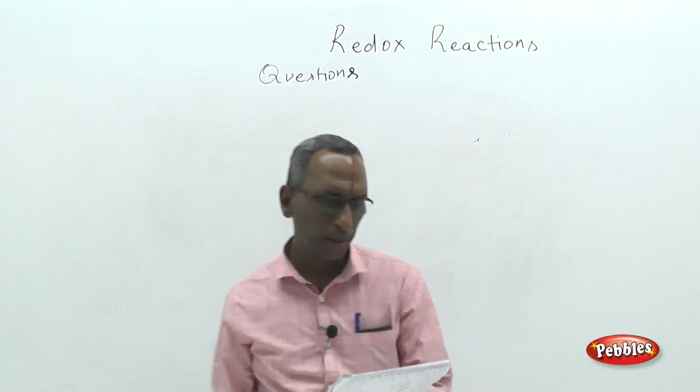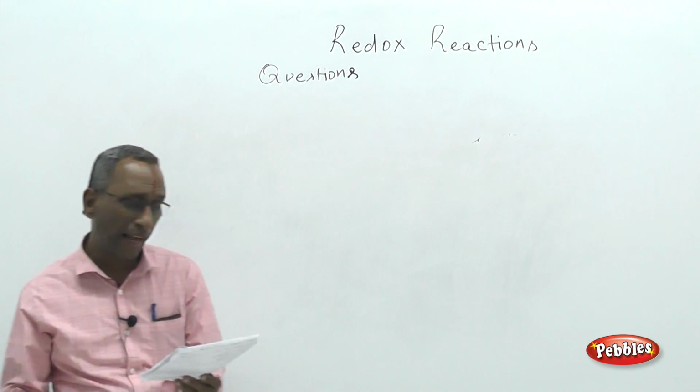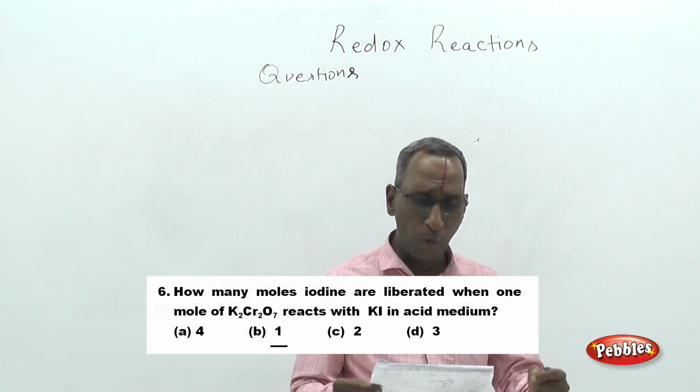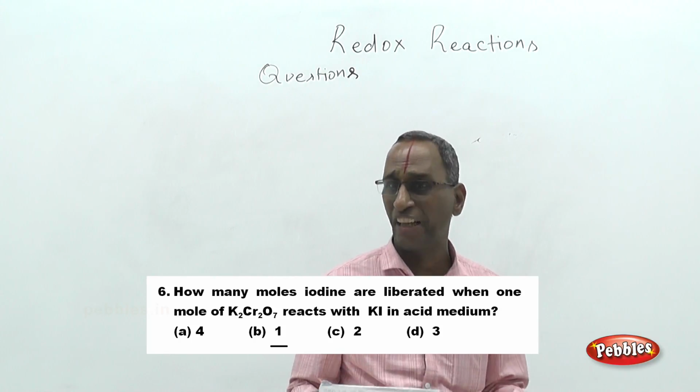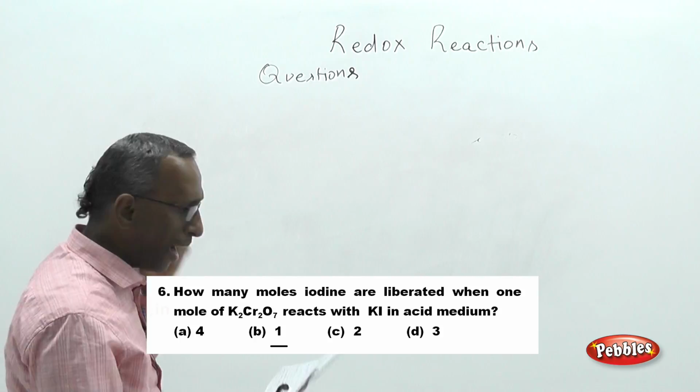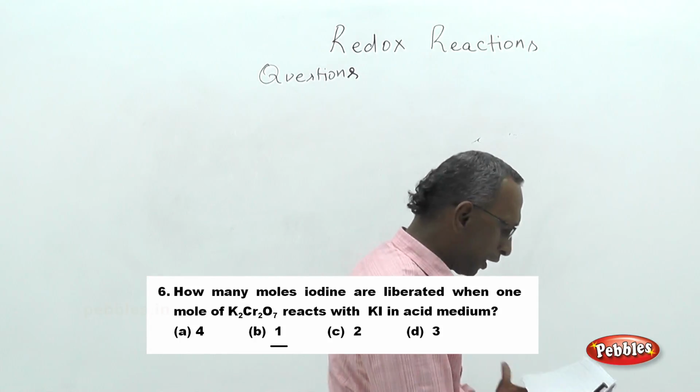So far we have discussed questions regarding merely the calculation of oxidation number. The current question is aiming also at balancing. We also studied salient points about the balancing of redox equations.